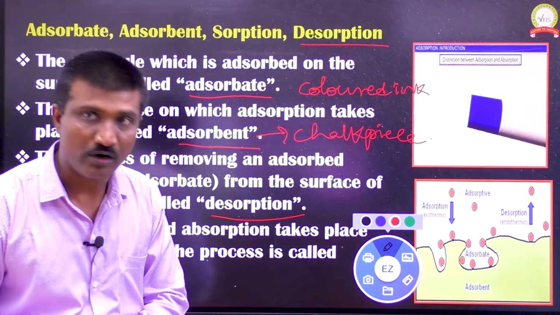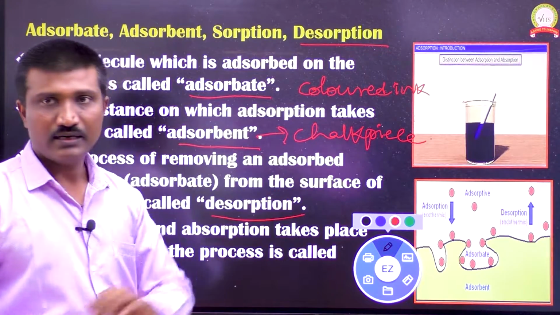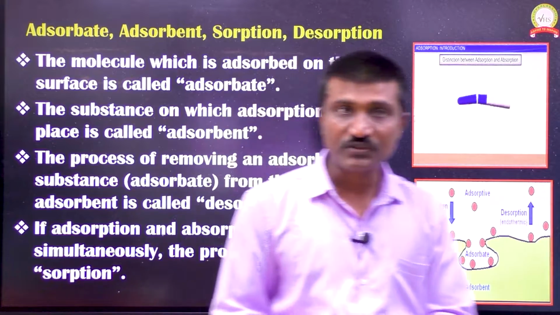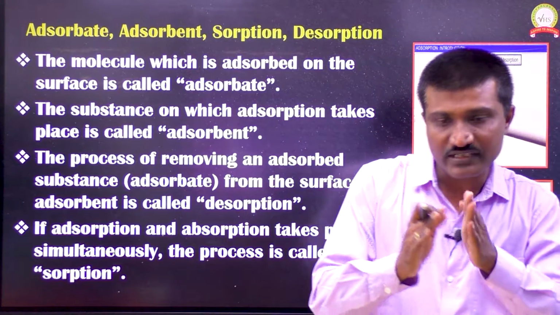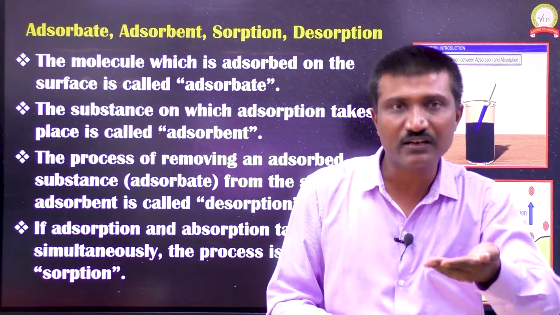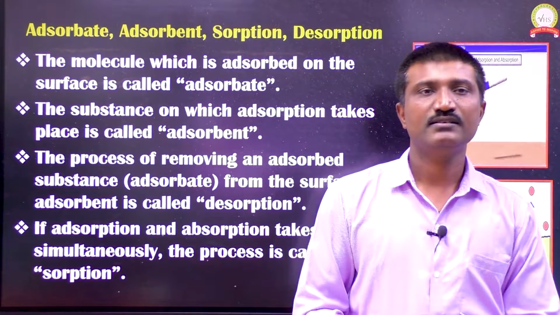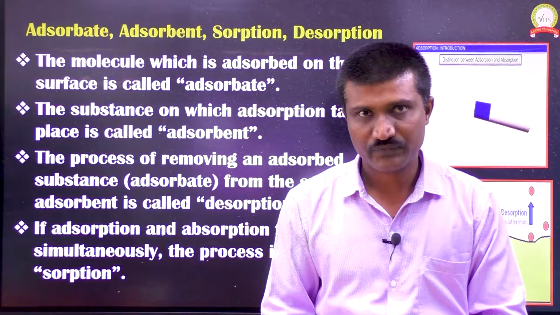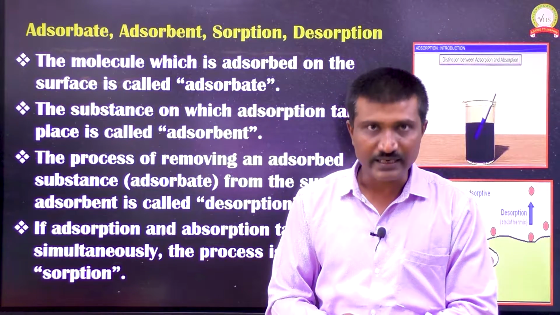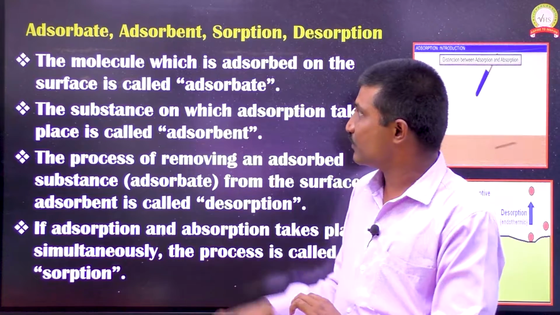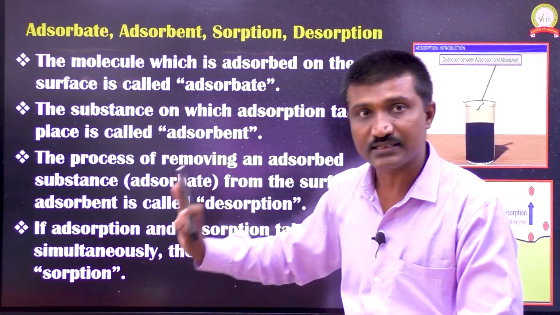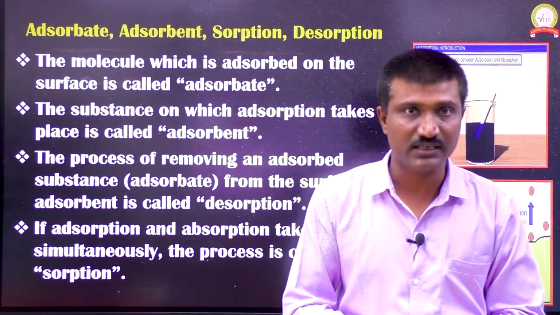Okay. So, this is about what is adsorption, what is absorption, what are the differences between adsorption and absorption, which one is a bulk phenomenon and which one is a surface phenomenon, and what is adsorbent and what is adsorbate. This adsorption process we are discussing only in surface chemistry.